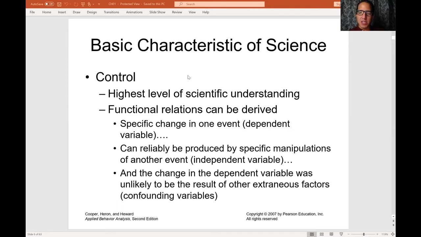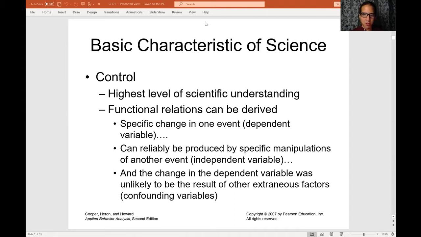So a specific change in one event can reliably be produced by specific manipulations of another event. And the change in the dependent variable, which is the event that we're interested in, was unlikely to be a result of extraneous factors, confounding variables.